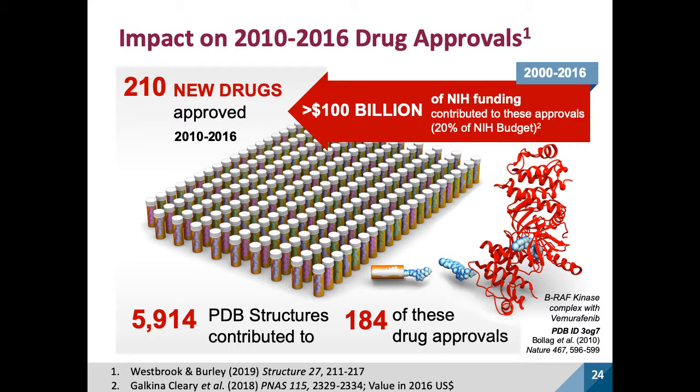And then we looked in more detail for examples of where structure-guided drug discovery was used to actually refine the fit between the small molecule and the target protein. And an example of that is shown here with vemurafenib bound to the V600E mutant form of BRAF kinase that's found in 50% of patients with late-stage melanomas.